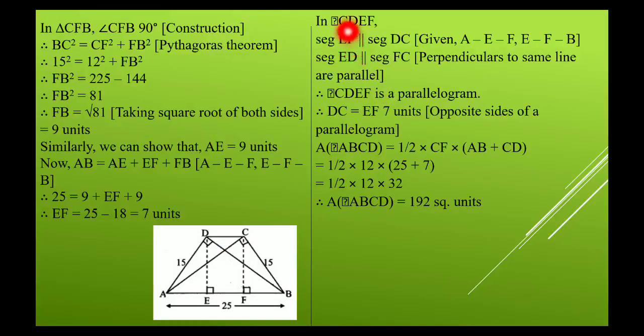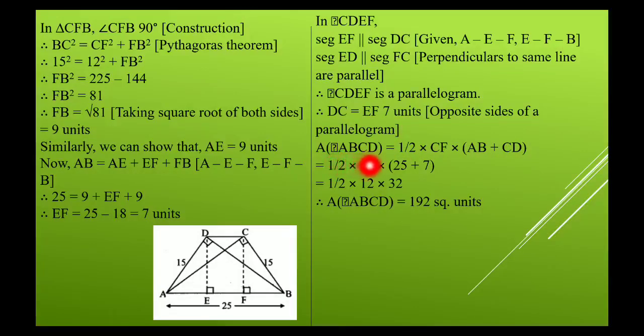So in quadrilateral CDEF, segment EF is parallel to segment DC. Segment ED is parallel to segment FC, perpendicular to the same lines. Therefore, quadrilateral CDEF is a parallelogram. DC is equal to EF is equal to 7 units, opposite sides of a parallelogram.